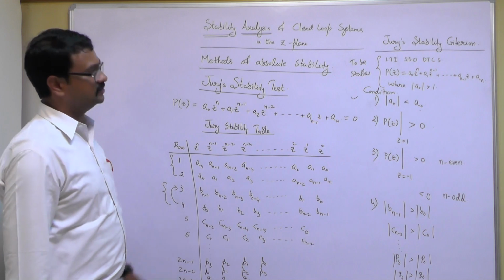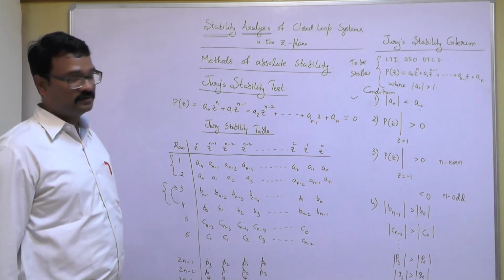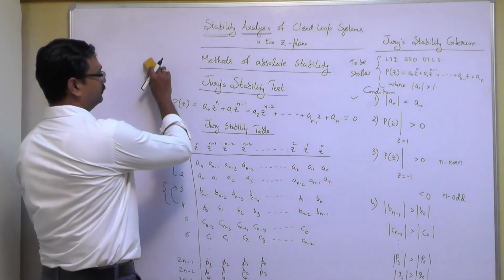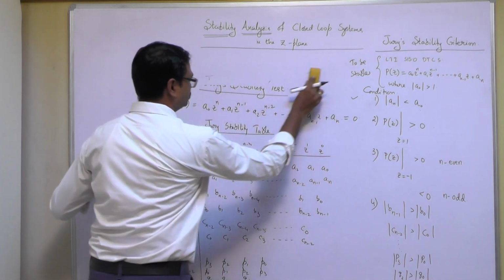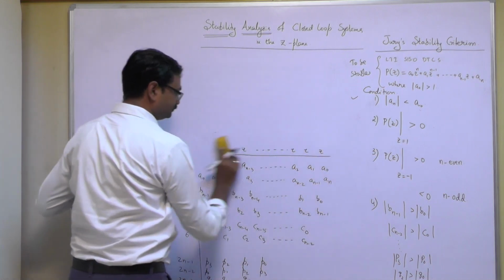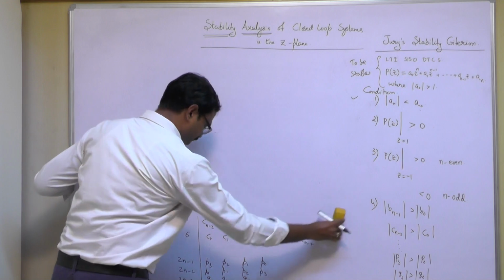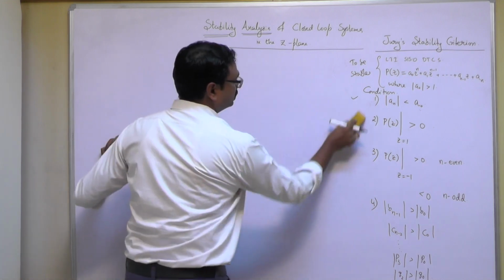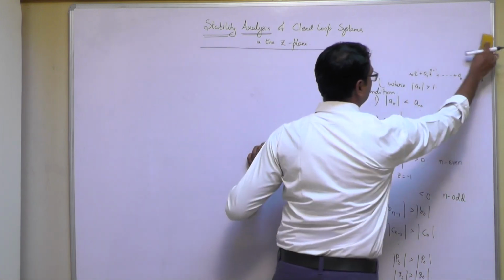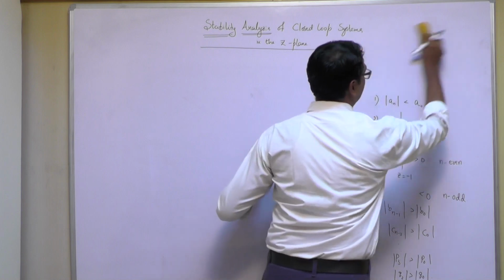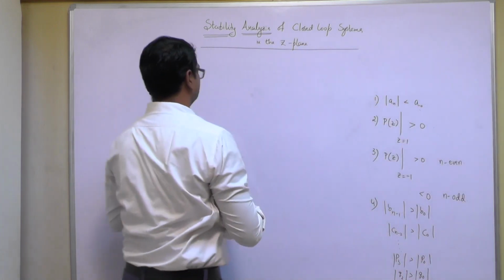So these are the various stability conditions that we have, and let us go with a very small example to determine absolute stability using the Zurich stability test. Let me leave these conditions here. We will try to follow these conditions in this case.